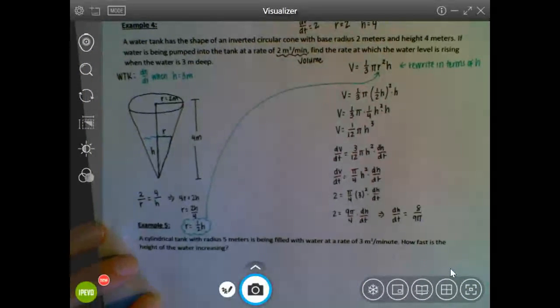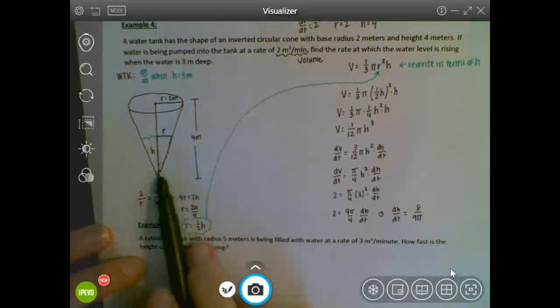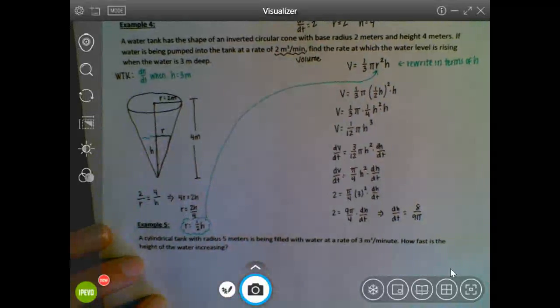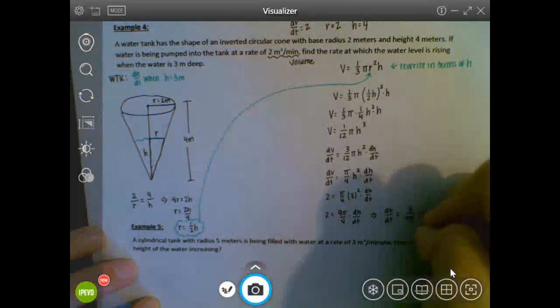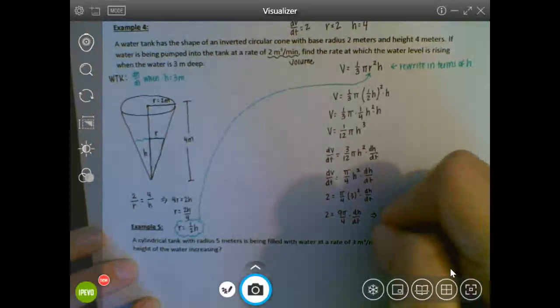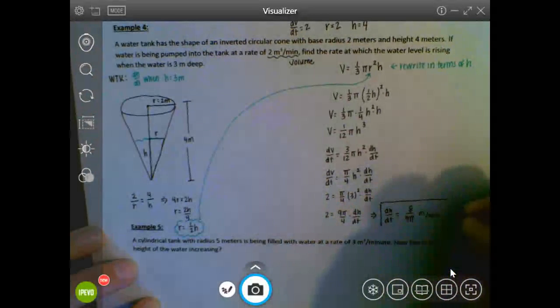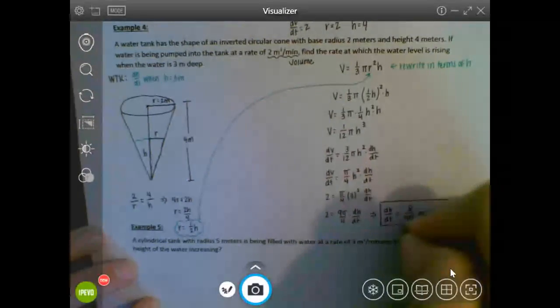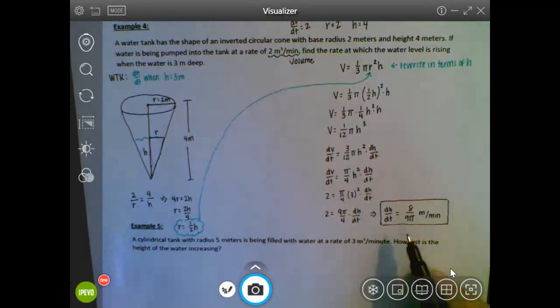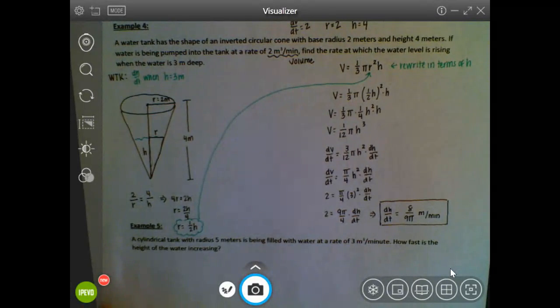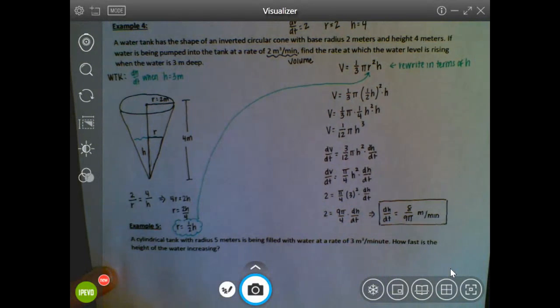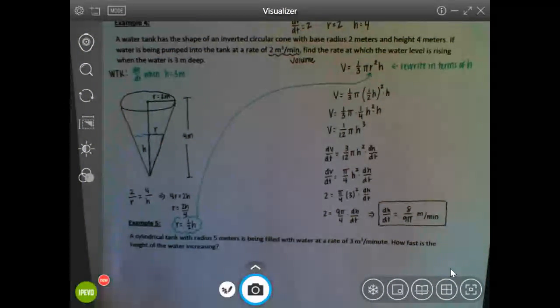And since we're looking for the rate of change of just a height, remember that the height is just a length that's changing, so its units are just going to be meters per minute. So that means that at the instant where the height is 3 meters deep, the height is changing at 8/9 pi meters per minute. And generally with these types of problems, we keep our answer in exact form, so you wouldn't want to get decimals for these.